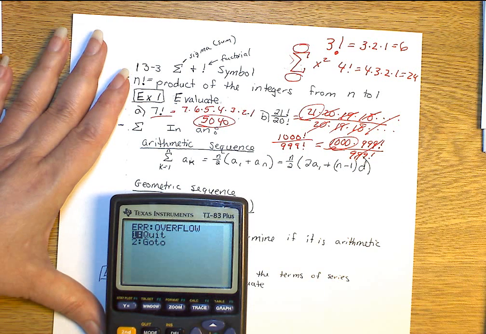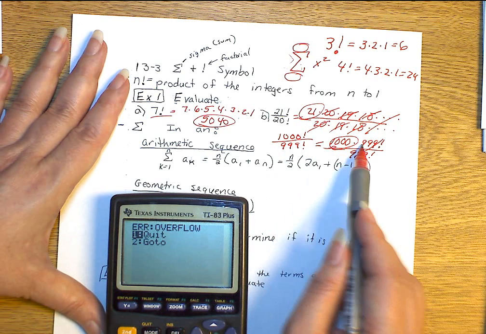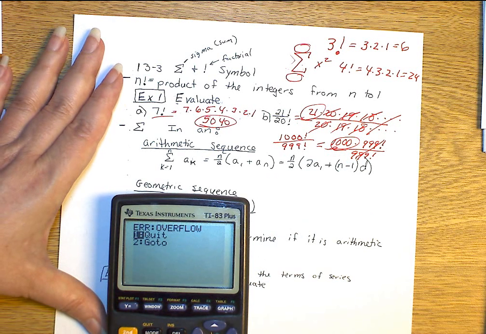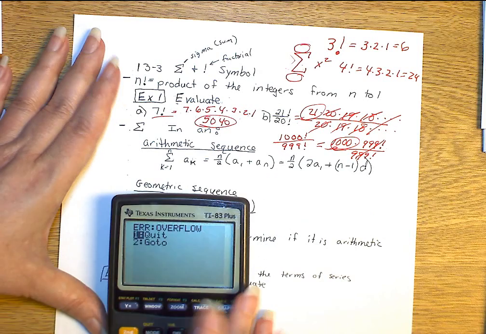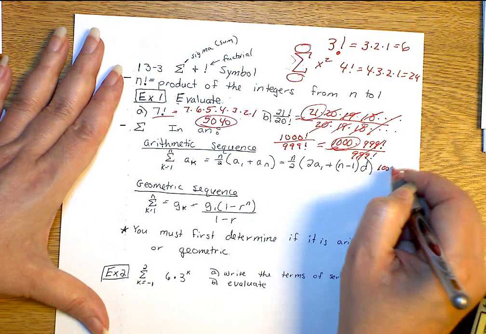You always have to make sure, because this could have been an 8, it could have been a 7, and you might have to do some calculations yourself. So you have to understand what the factorial means: it's every number straight down. Say it was 1001 factorial over 999 factorial. Would you do 1001 times 1,000?